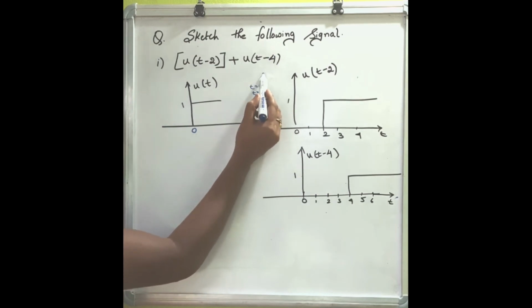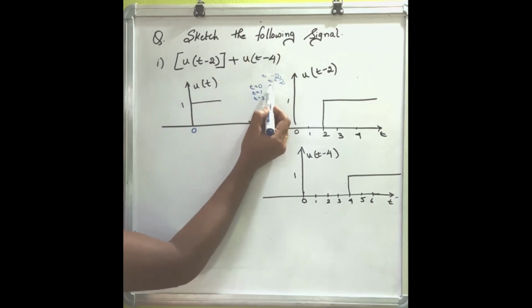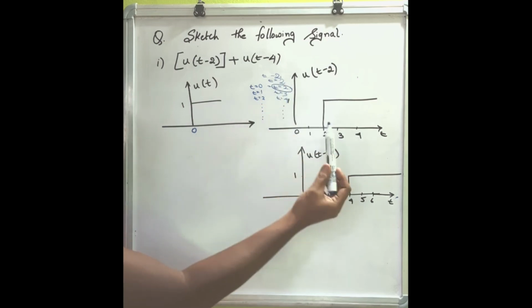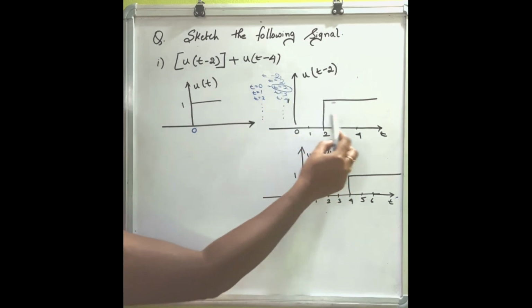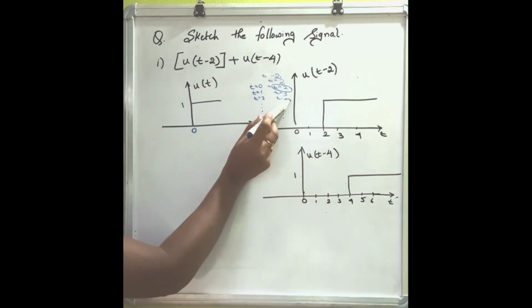Here you have to deal with t minus 2, so that gives you t is equal to 2. So t is equal to 2, 3, 4 and it will go on. It starts from t is equal to 2, it will move on, and the amplitude will be 1.